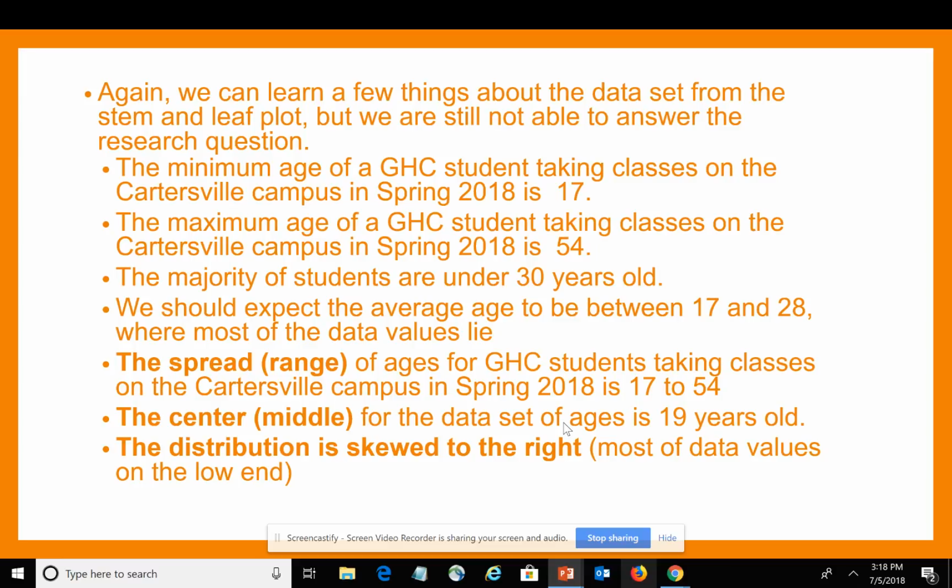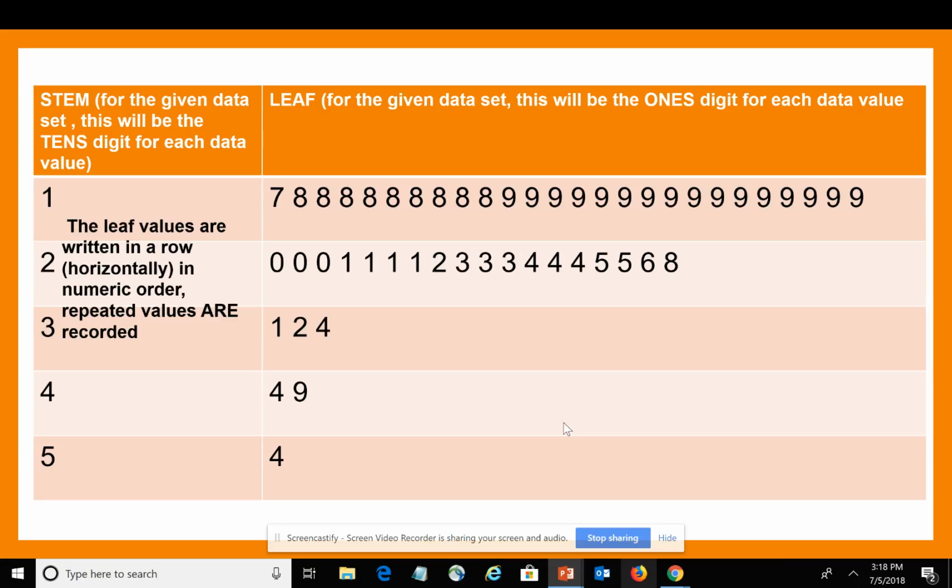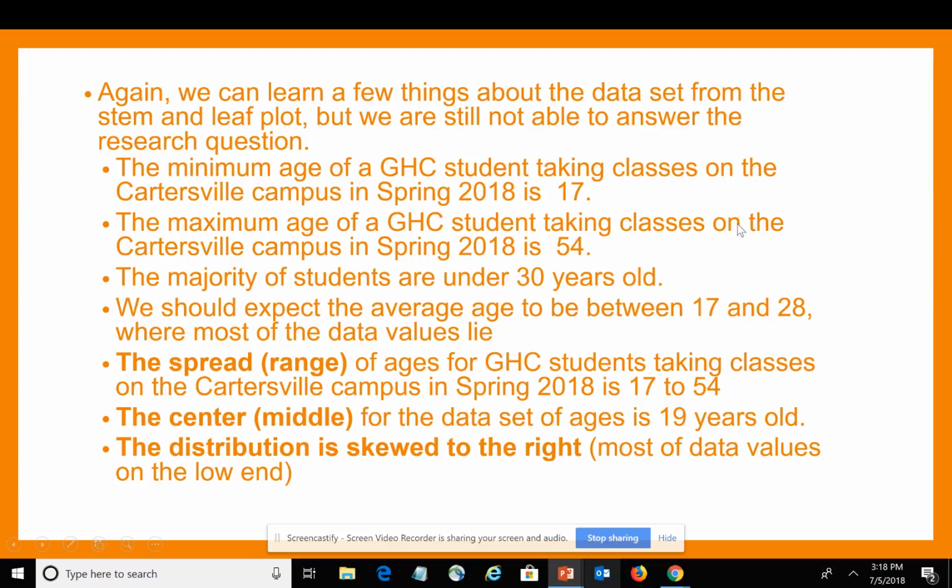The spread or the range goes from 17 to 54. The center or the middle of the data set is 19. You may say, well, how'd you get that? Well, I know there are 50 values, so if I find the 25th value in the data set, that would be the middle, and that happens to be 19.